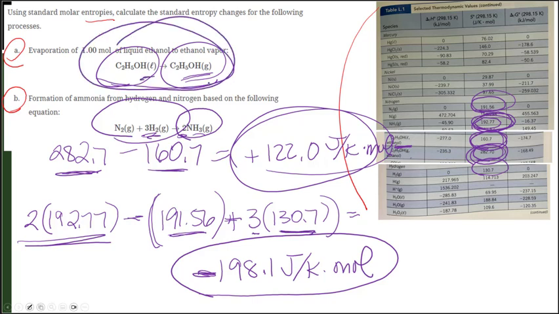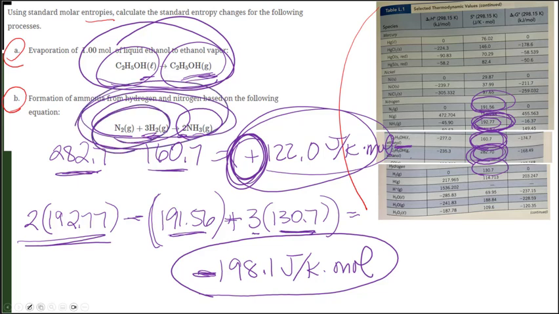Notice that for the first one, I went from a liquid to a gas, so I should have a positive entropy value. I became more disordered. For part B, I went from having 4 moles of reactant gas to 2 moles of product. So I did not become more disordered. I became more confined, more organized. So I have a negative.